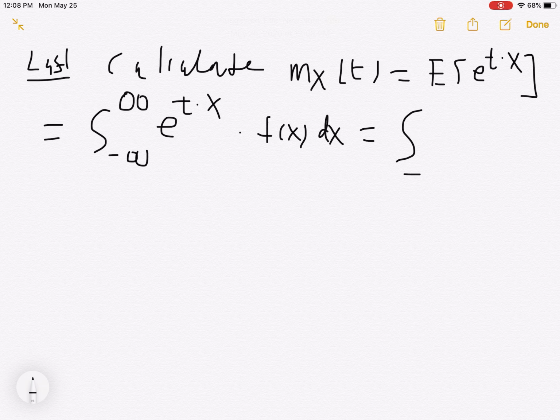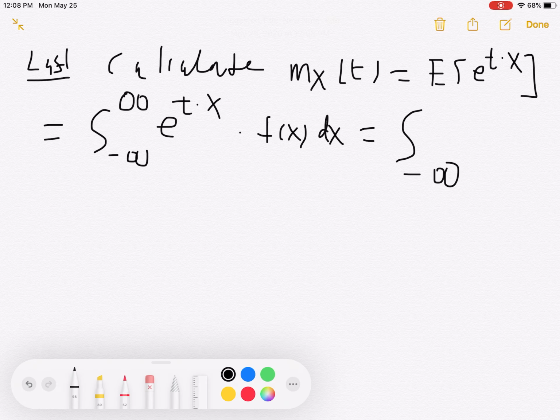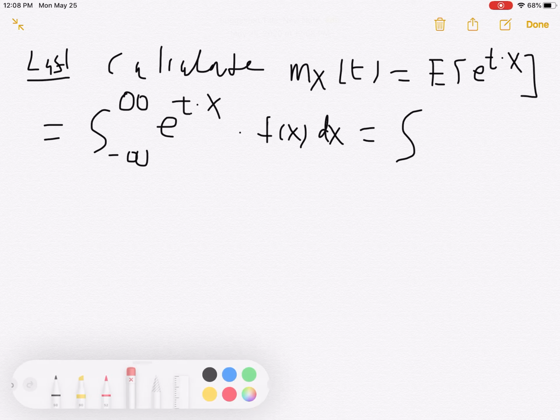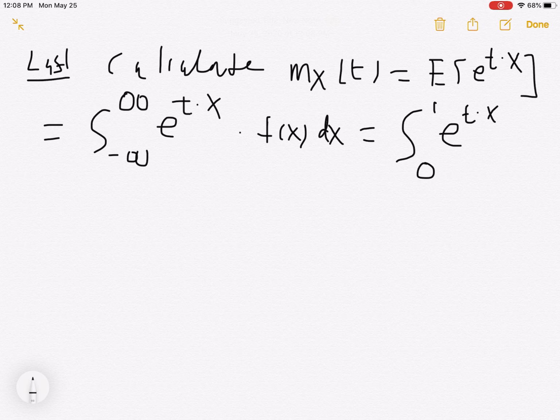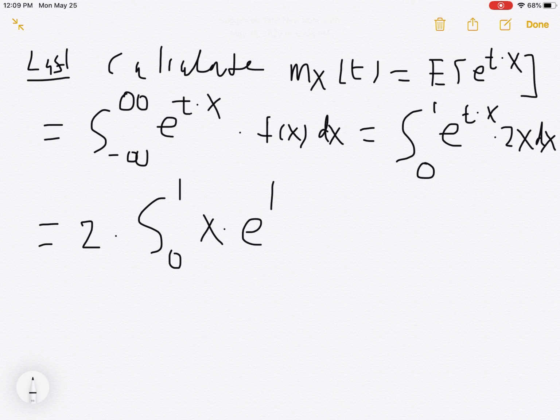Since f of x takes on values from 0 to 1, this is the integral from 0 to 1 of e to the t times x times 2x dx, which is twice this integral from 0 to 1 of x times e to the t times x dx.